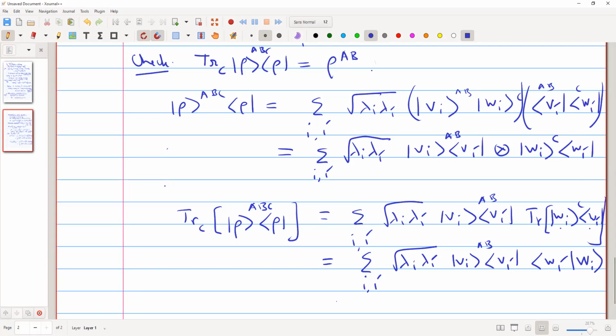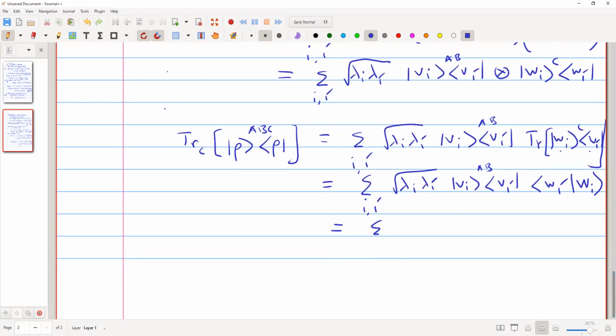Now I use the fact that the w's are orthogonal, so the summation becomes only over i. So this is lambda i. For i equal to i prime it's the same vector, so it's length 1. For i not equal to i prime, that is 0. So is this calculation clear to you? Yes. So this is indeed a purification of rho AB. Good.